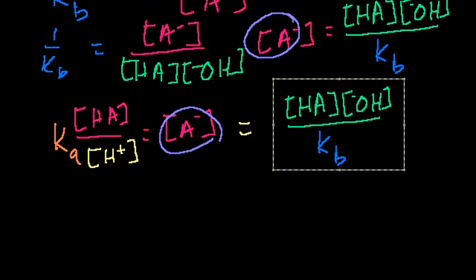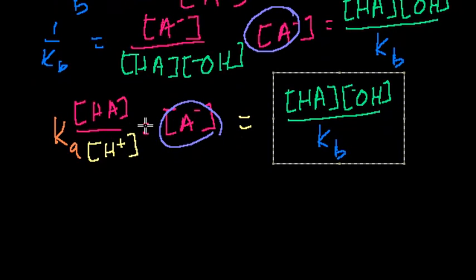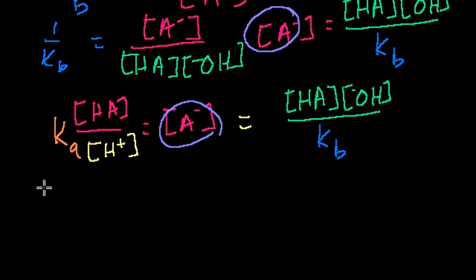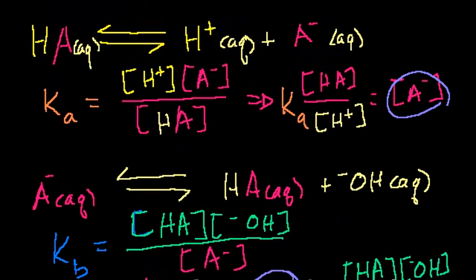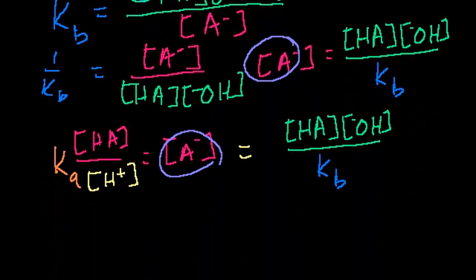One thing we can do is divide both sides by HA. I could have probably done that earlier on. If we ignore this part right here, they both equal the concentration of A minus, so that is equal to that.